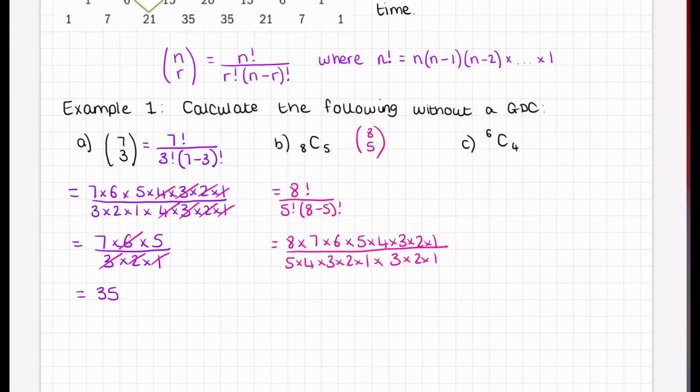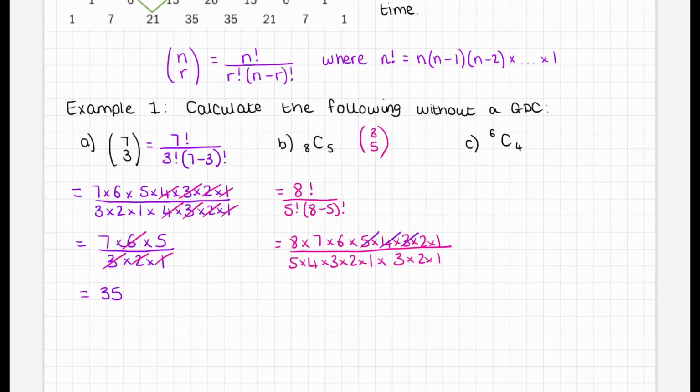We can cancel, so we can actually cancel a 5, 4, 3, 2 and 1. We're then left with 8 times 7 times 6 over 3 times 2 times 1. Once again, the denominator equals 6, so we can cancel that out. And we get left with 8 times 7, which is just 56.